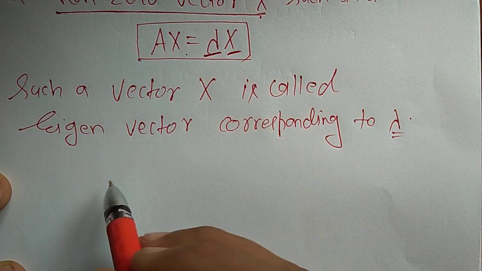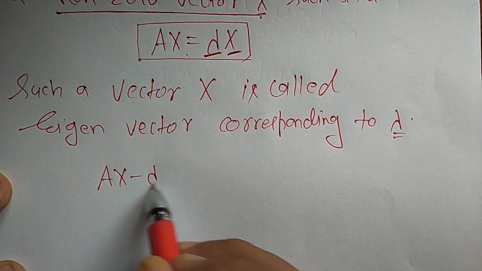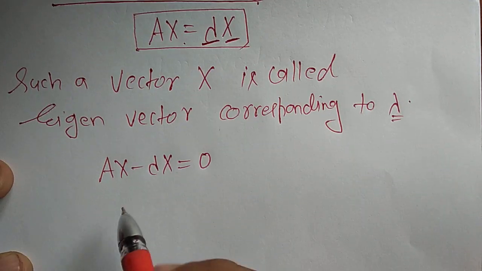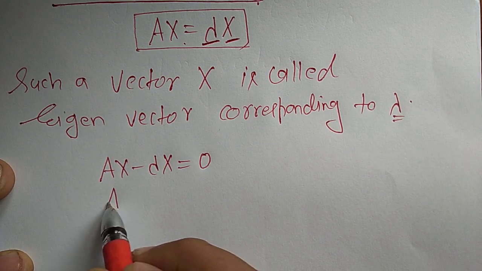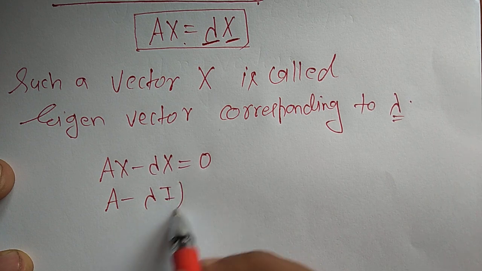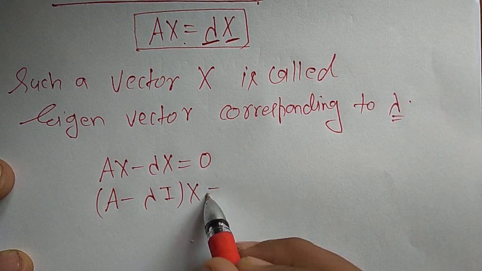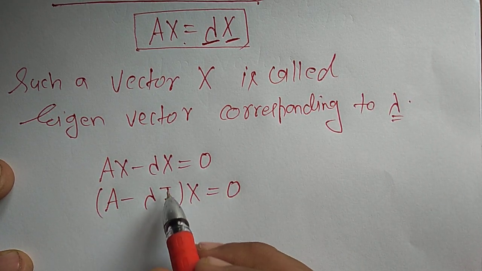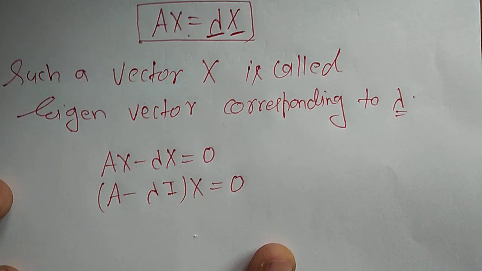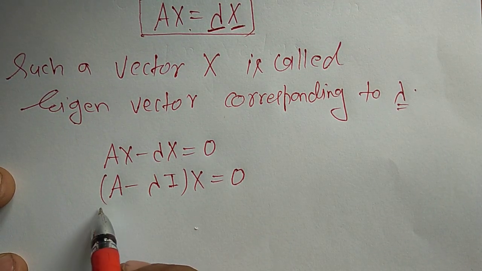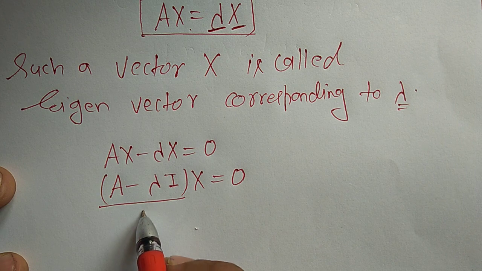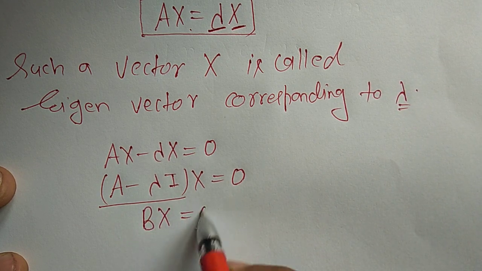If you simplify, we get Ax minus lambda x equal to 0. If you take x common, we get (A minus lambda I) x equal to 0, where I is the identity matrix of order n. So this is the new matrix B, so Bx equal to 0.